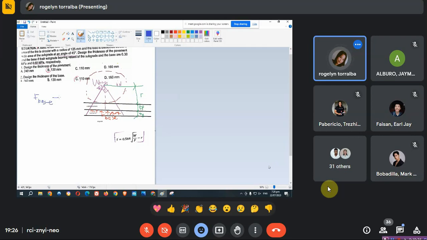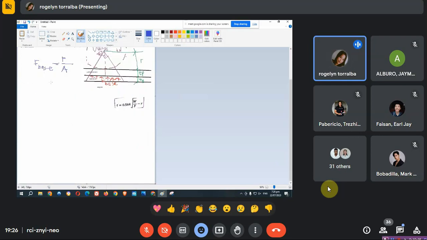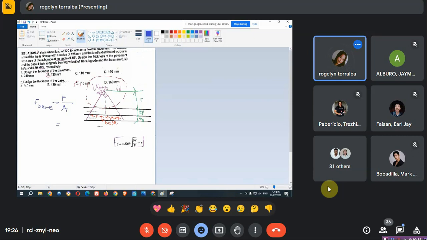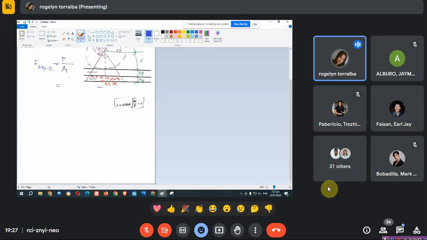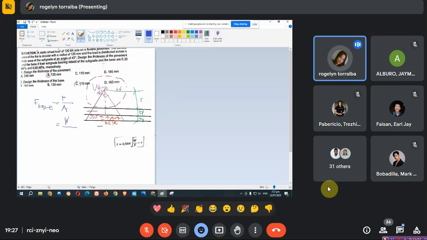This is actually stress, force over area. Before we substitute, let me write it. What is our force here? It is represented by W, the weight of the wheel load, that is 120 kilonewton.